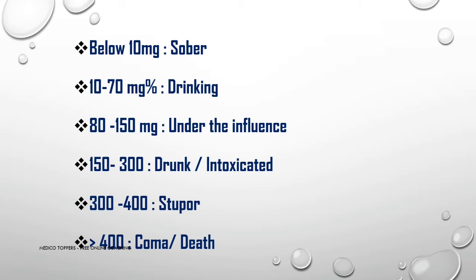Below 10 and 10 to 70 milligram, they will have mild euphoria or no significant effects. Sometimes increased self confidence or slurring of speech, and mild incoordination can occur. If it is 80 to 150, which means under the influence, they will have mental confusion, emotional instability, loss of critical judgment, sleepiness, slow reaction time.